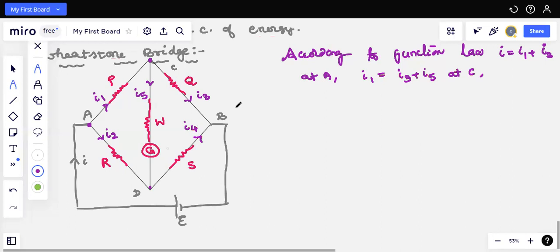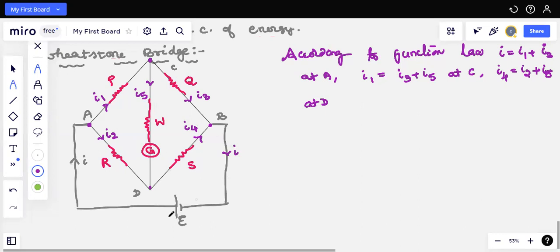Yes, alage D junction. At the junction D, we can write I2 is entering, I5 is entering, I4 is leaving. So shall I write I4 is equals to I2 plus I5? This is at D. And finally come to the junction B. Because it is again coming back to the cell. Cell is giving current I kabatti, I current should again reach back to the cell.